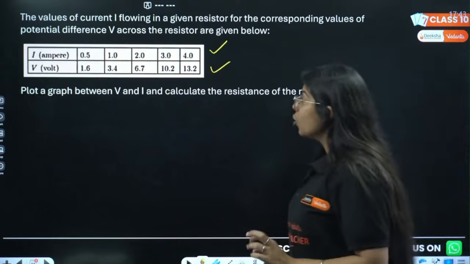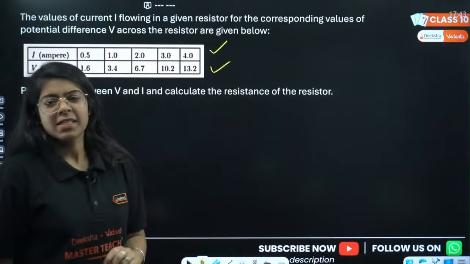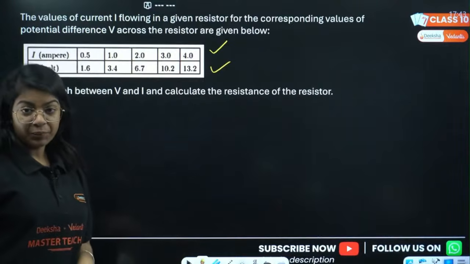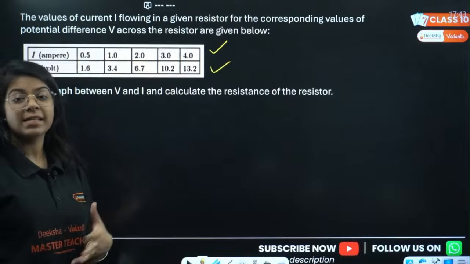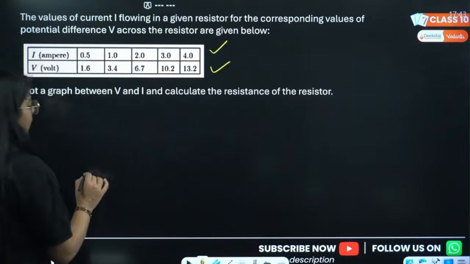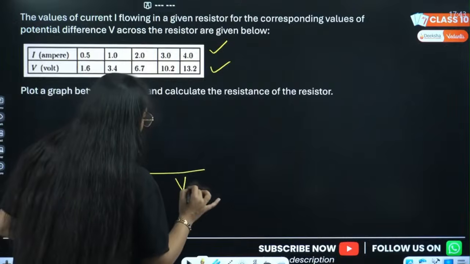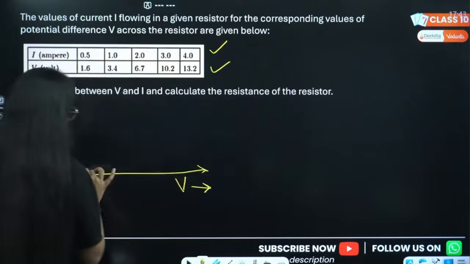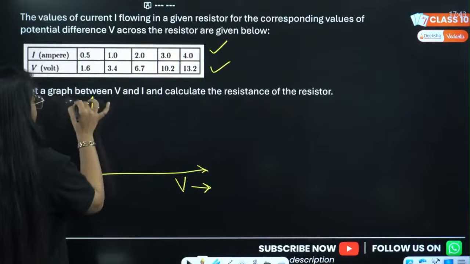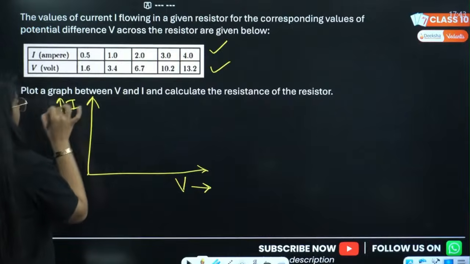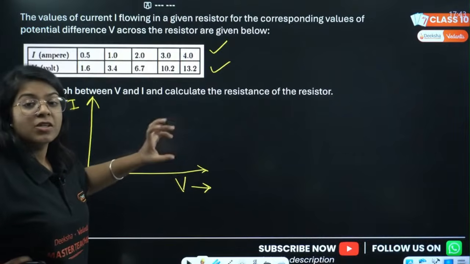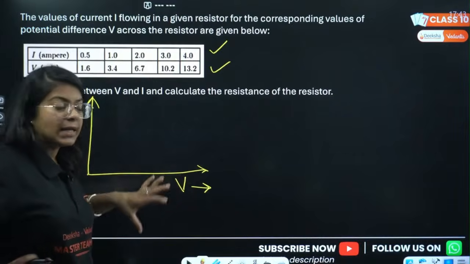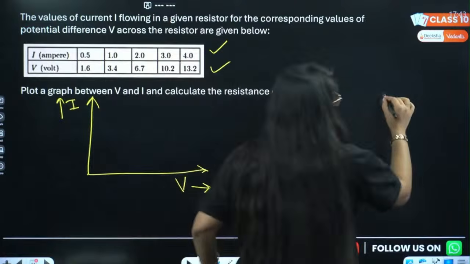So how will we plot this graph? Since they have not mentioned where the x-axis and y-axis will be, you can take anything, but let us take V on the x-axis because we change V and the current changes in the circuit depending on V. The thing that is independent, let's say time, is independent.